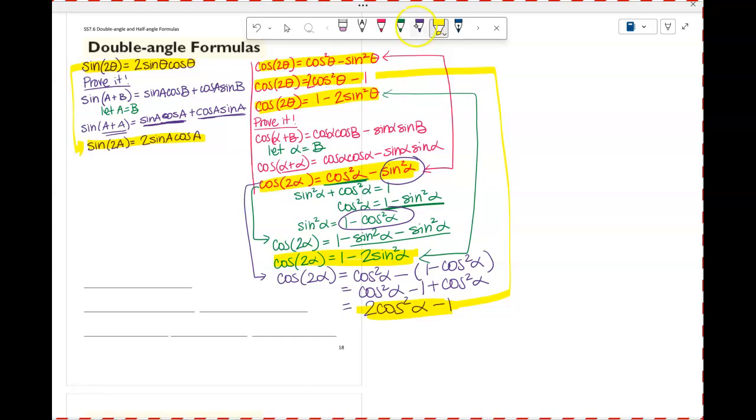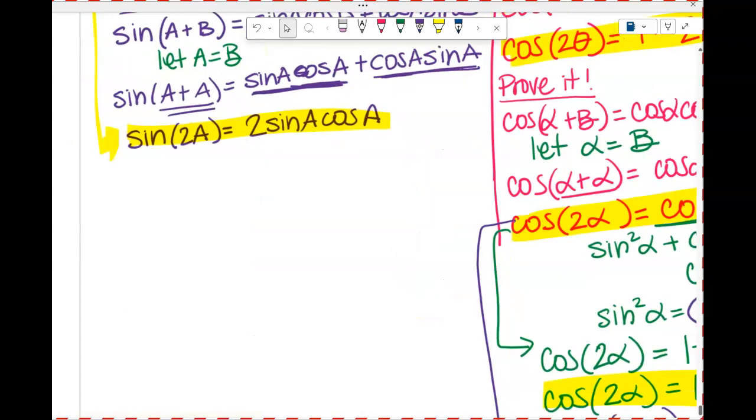Now we're going to go to tangent. Because the reciprocal functions, we don't need to prove those, because all we need to do is take the reciprocal of these original ones, okay? Now tangent, let's write tangent and then we'll prove it for you guys.